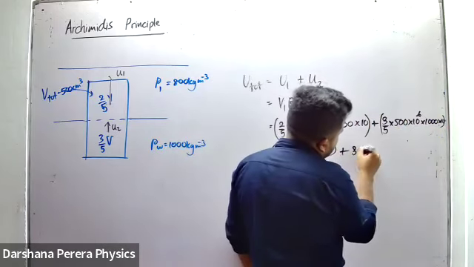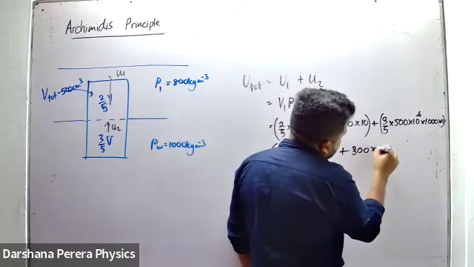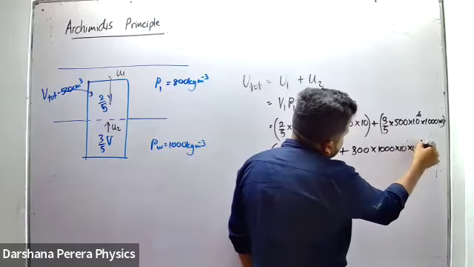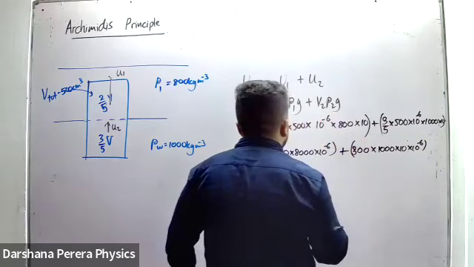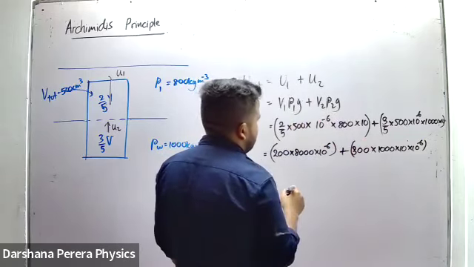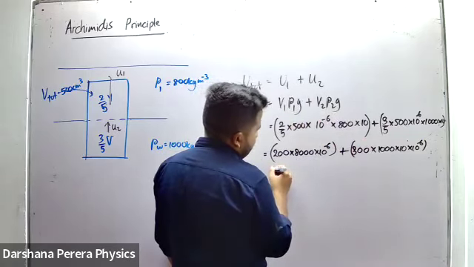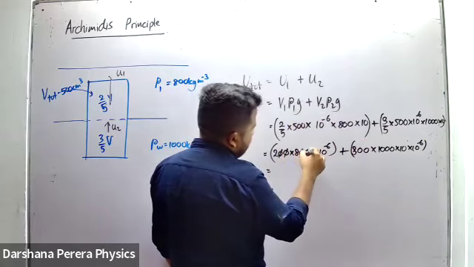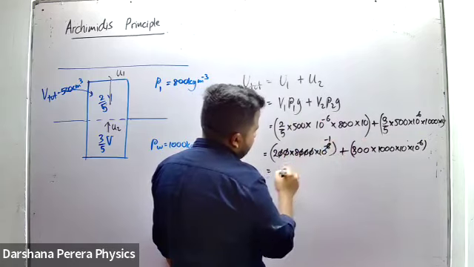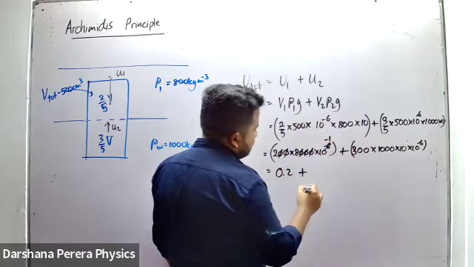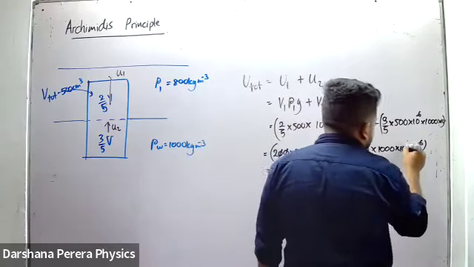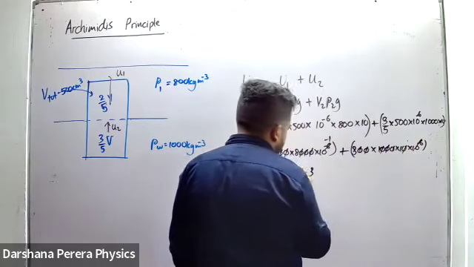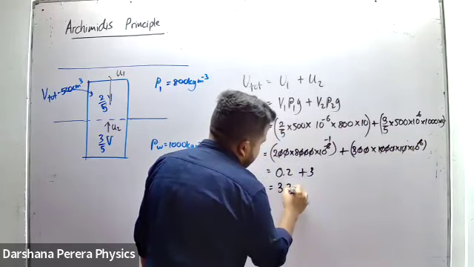So this case 300,000 and 10 to the power minus 6. So this case 1, 2, 3, 4, 5 minus 1.2 plus 1, 2, 3, 4, 5, 6. This is 3.2 Newton.